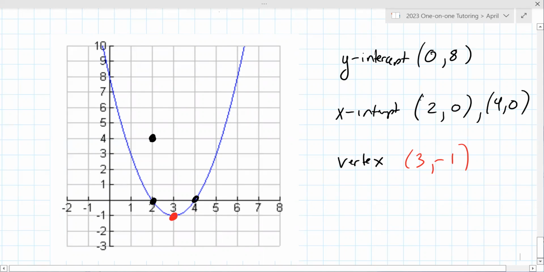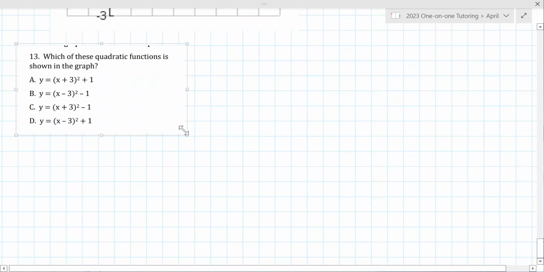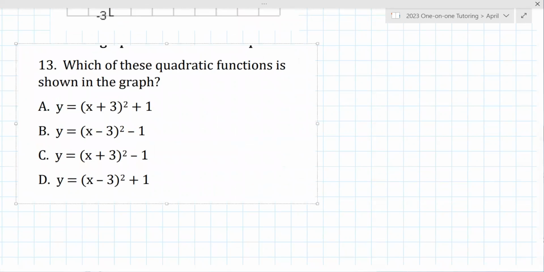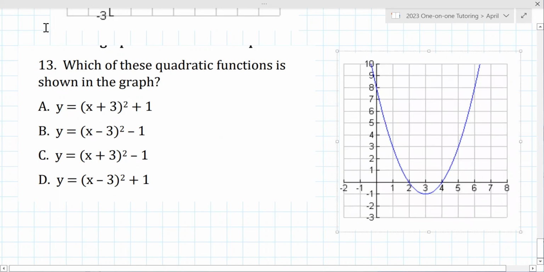Okay, let's take a look at a question. There's a question. Let me grab the graph. There's the graph. And if you need a hint, let me know. I'll give you a hint, but just take a look at this first.